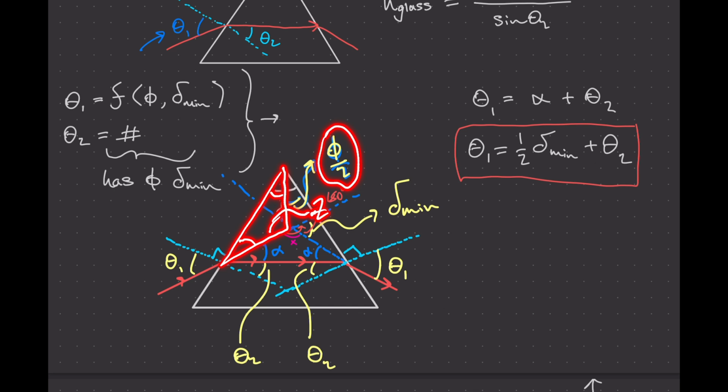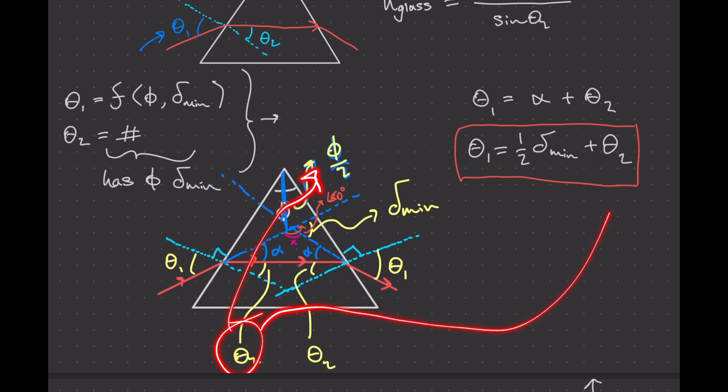So here I'm showing all of the interior angles of that triangle, and I'm trying to think about how this is useful. I'm showing here a 90-degree angle. This 90-degree angle is comprised of theta 2 and alpha, and we can use that to later find a way of writing theta 2 in terms of phi over 2.